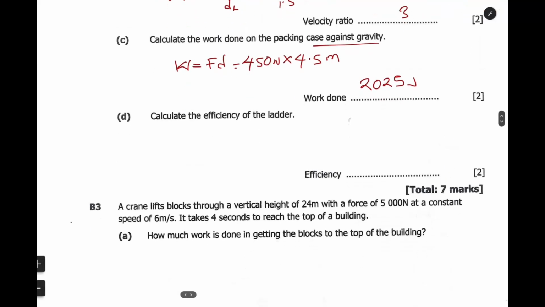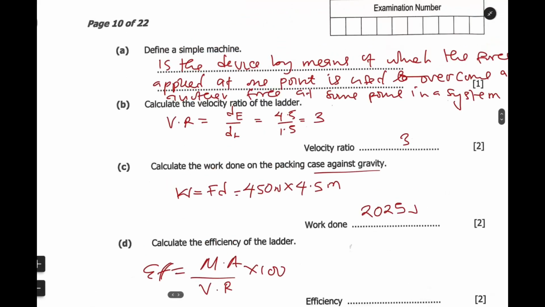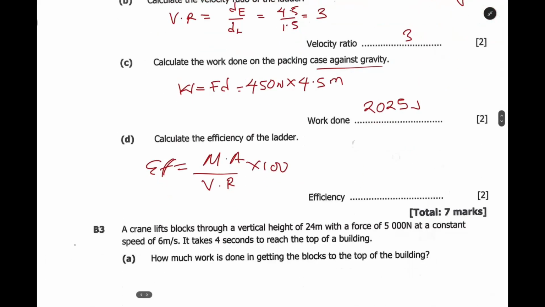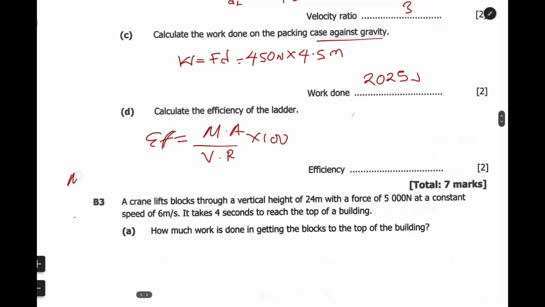All right, calculate the efficiency. How do you find the efficiency? Efficiency is equal to mechanical advantage over velocity ratio multiplied by 100. All right, we have the velocity ratio, but we do not have mechanical advantage. So let us find mechanical advantage first. Mechanical advantage is the ratio of load over effort.